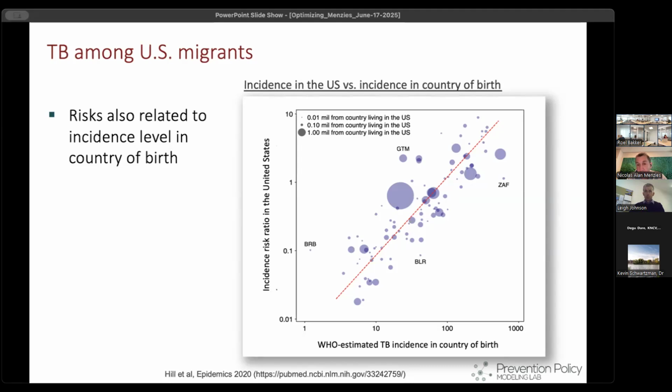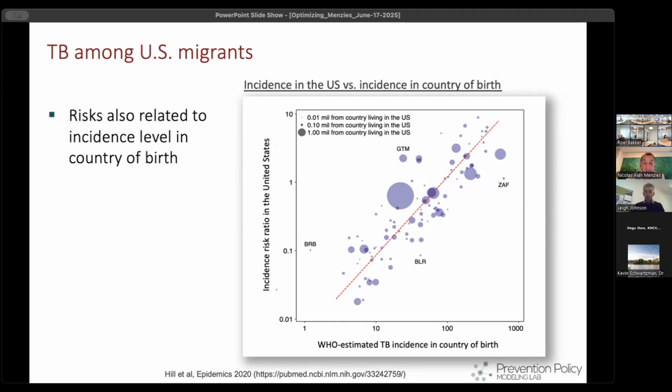And I think some of that might go into, for example, we can see Guatemala up here, where in the United States, the understanding is that there is a good fraction of undocumented individuals and individuals who are migrating for work from lower socioeconomic strata in their country of origin.